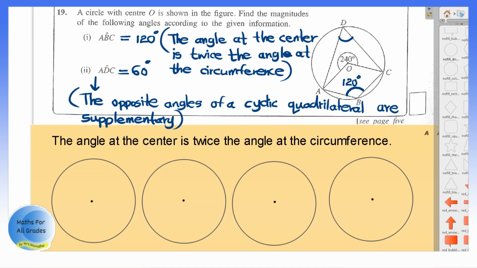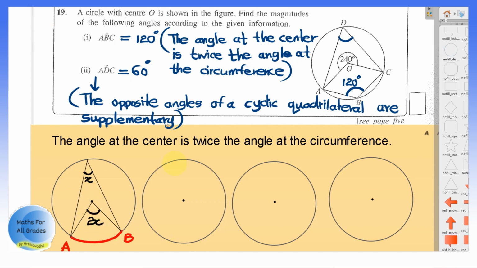Let's see how we can apply it. I am choosing the minor arc. This is AB minor arc. I am choosing AB minor arc to subtend the angle at the center and the same arc to subtend an angle at the circumference. Now according to this theorem, the angle at the center is twice the angle at the circumference. If this angle is x, then the angle at the center is twice of that angle, it's 2x.